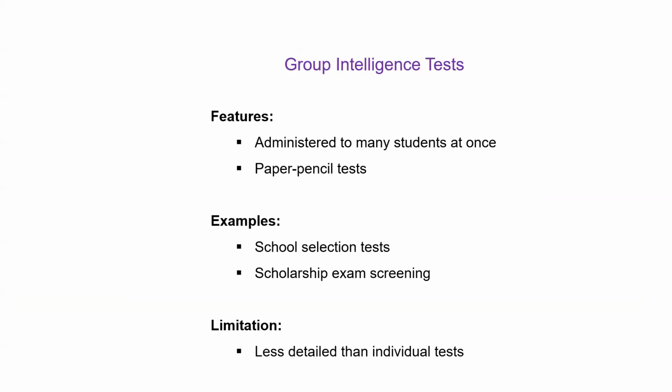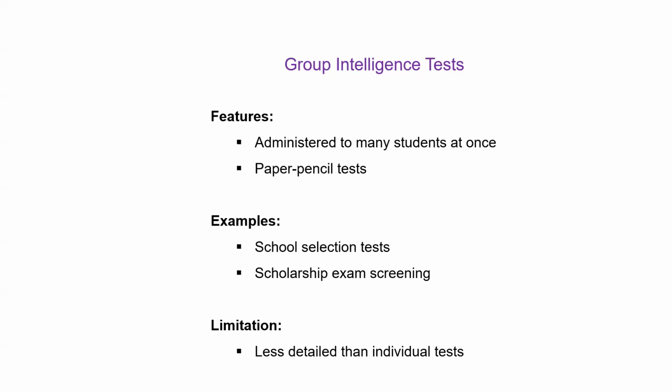So, okay, group intelligence test. In a group, administered to many students at once, this paper, like that, we give at once. I mean, we take a lot of students in the classroom. Let's say 35 students, we administer the test to all the students at once.